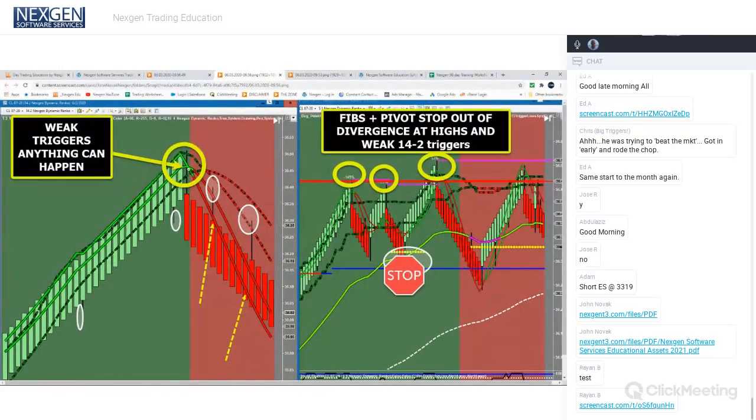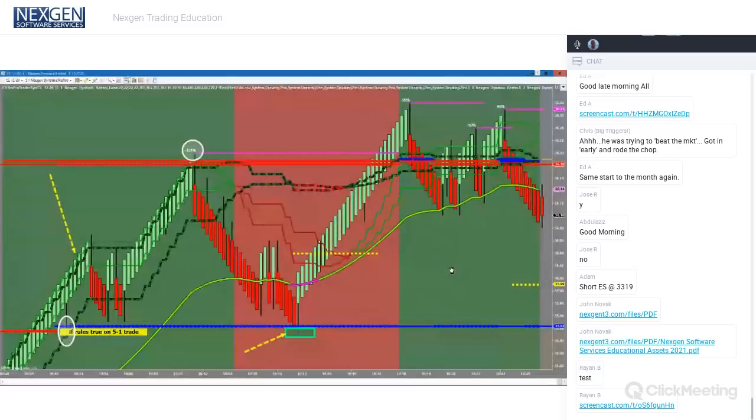When the triggers are weak, especially at or just past a fib, you have to really pay attention to what's happening on the small chart. Because you'll get something that happens and then they'll try to run up and pretend like they're going to break out, but they won't. And you'll see it all the time. Here's a good example of it.